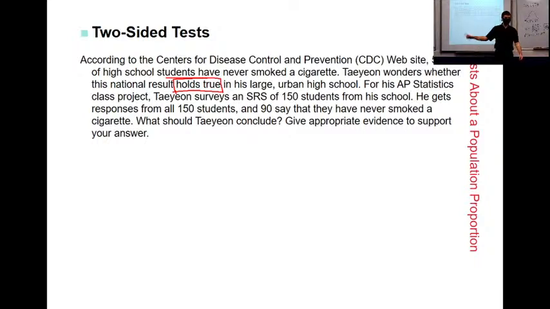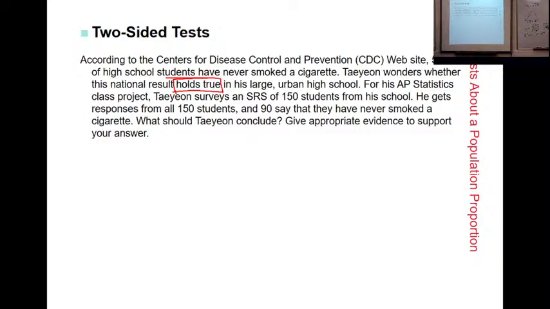I would have to go in and change the color of the pen within PowerPoint to do it. But that's okay. Point being, whether the result holds true. Do we wonder whether the result holds true in any specific higher or lower direction? No. We are just wondering, is this 50% figure true or not? So that is a two-sided test.